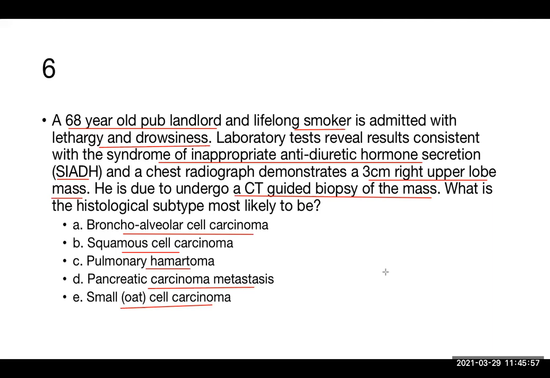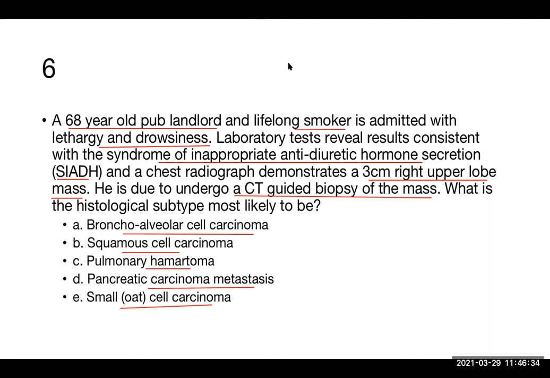Sometimes it is ADH and sometimes it is ACTH and others. So this is paraneoplastic syndrome. What is paraneoplastic syndrome? Means they are actively secreting many substances. In this case, it is secreting ADH.